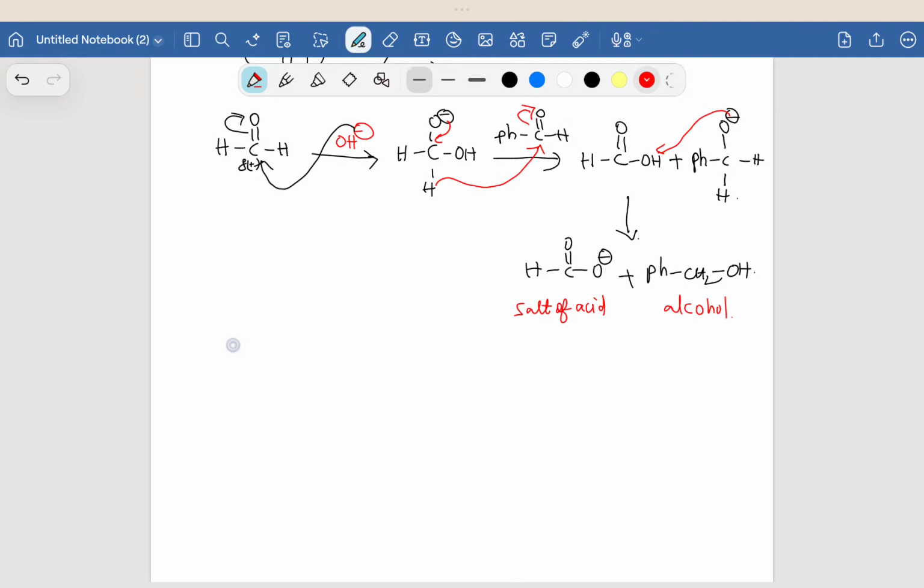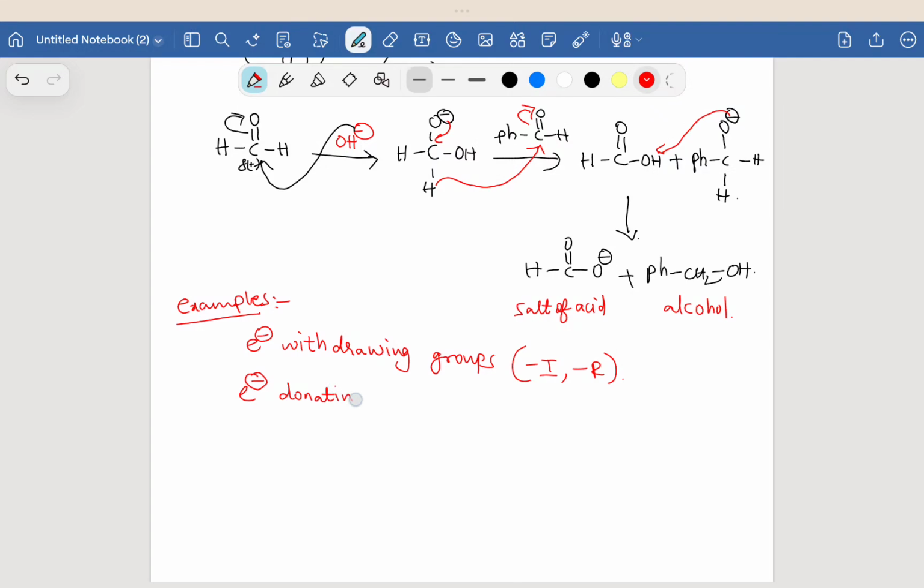Electron withdrawing groups have inductive and resonance effects, like minus I and minus R groups, and electron donating groups are those having plus I, positive inductive effect, and plus R, positive resonance effect.